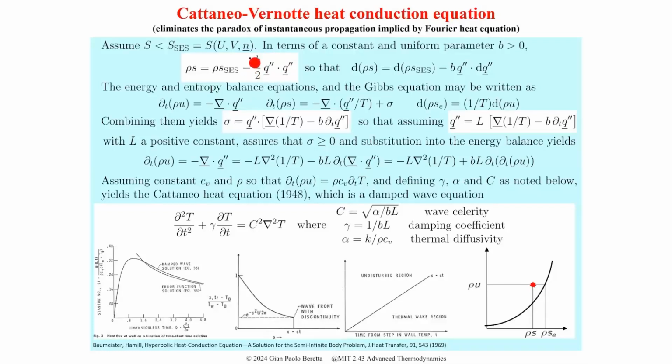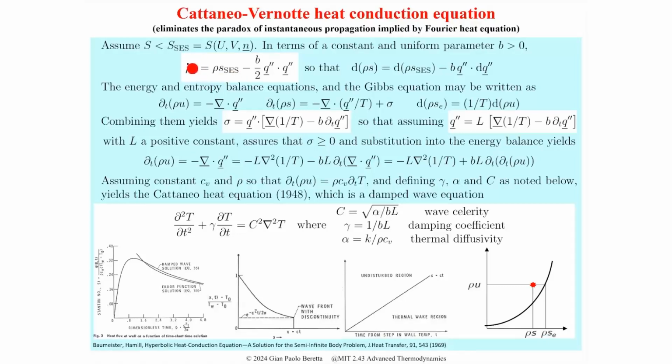So we make it through a proportionality constant, which for convenience I call B over 2, proportional to the modulus of the square of the heat transfer. So clearly, if you're at equilibrium, there is no heat transfer, and the entropy is that of equilibrium. But the higher the heat transfer, the farther you are from equilibrium.